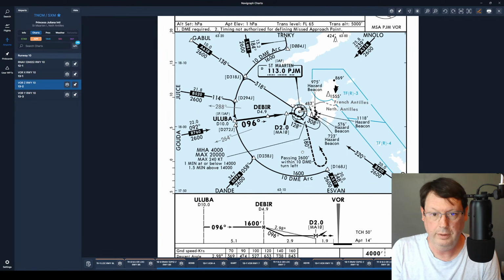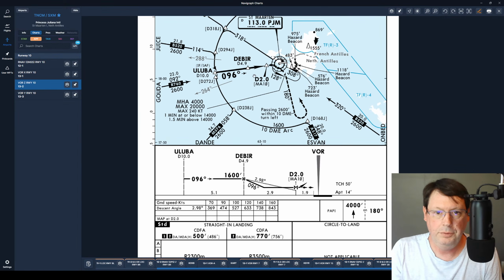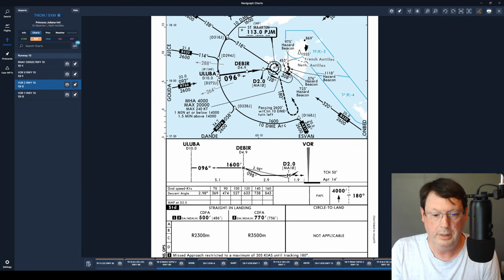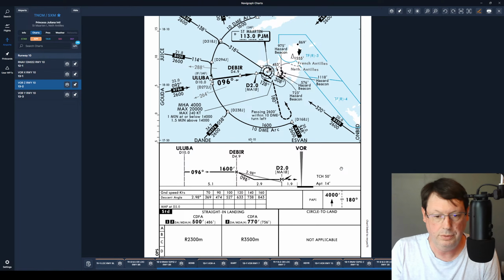We were looking at this one earlier. It's a VOR approach. There is no vertical guidance on a VOR approach, right? It's a non-precision approach. But what the FAA has done, and obviously other aviation authorities as well, you can see down here it says CDFA. What CDFA stands for is Constant Descent Final Approach. It's exactly what I was just talking about.